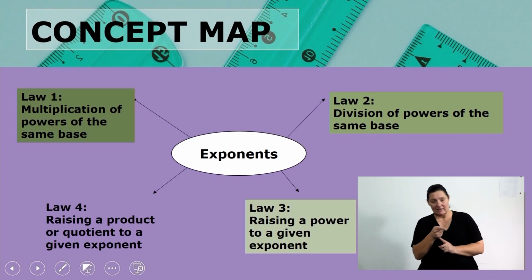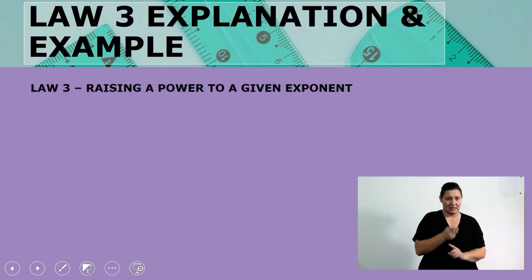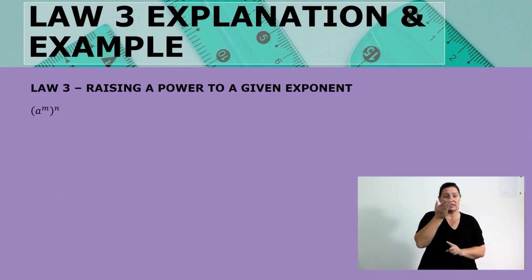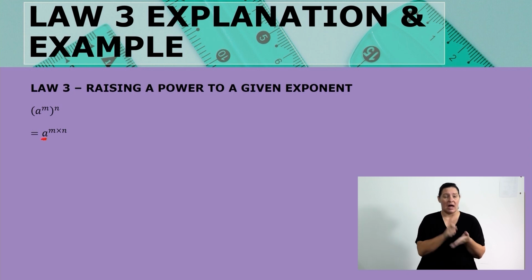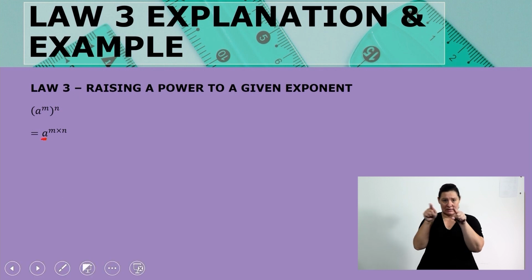So focusing on our third law now is going to be raising a power to a given exponent. So let's quickly look at that and how it works. So our example here, we have a to the exponent m as our power, and that is raised to the exponent n. So what happens here is that, again, we only have one base, so we are going to write the base as is, but now we are going to multiply the exponents.